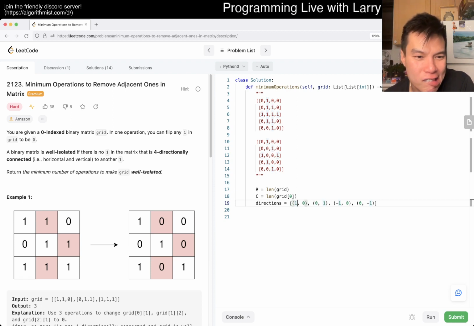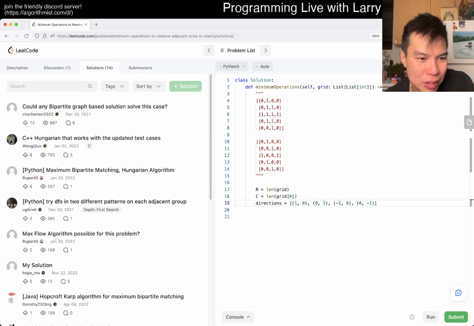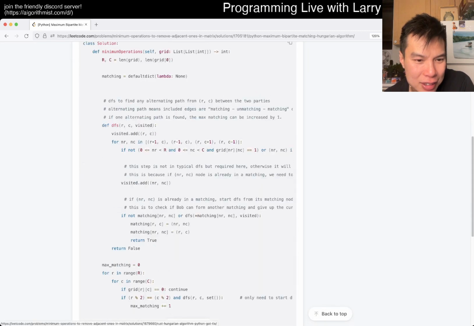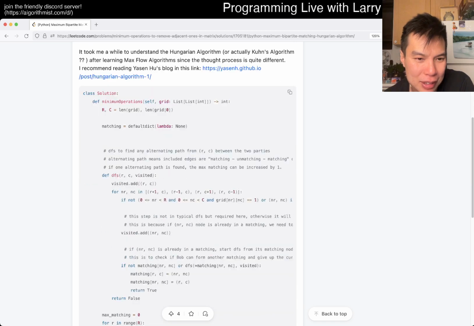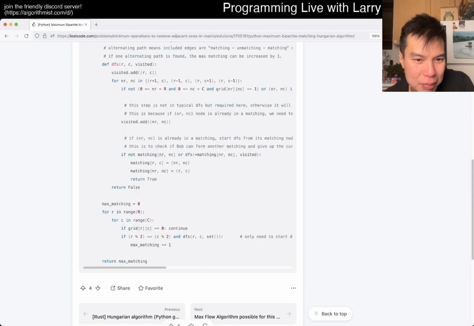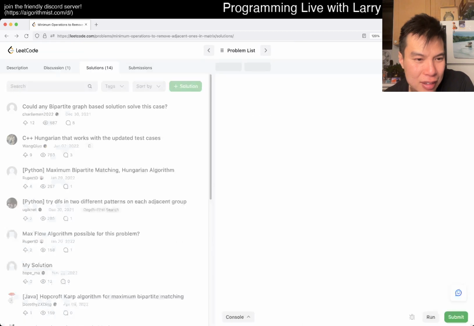I don't feel like, especially in Python, I don't even know if that will be fast enough. I guess I can set this up using NumPy or something, but I don't really feel like it.